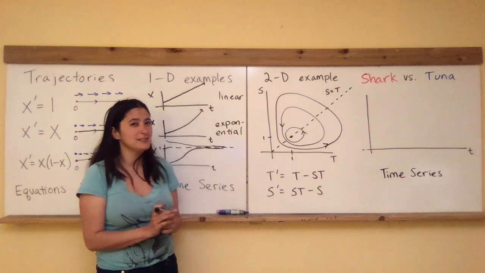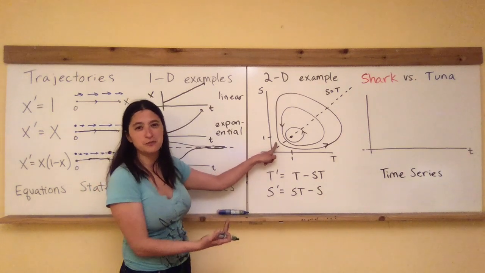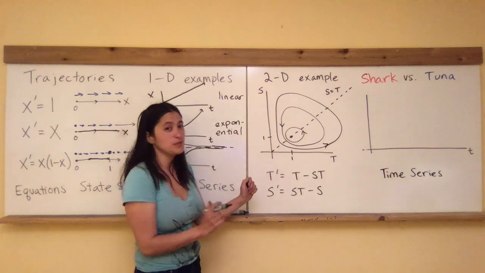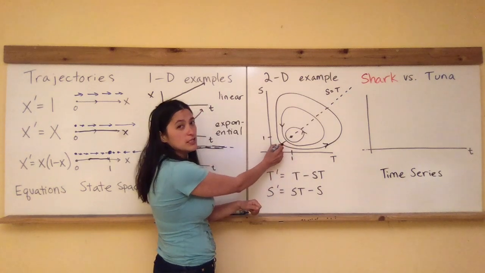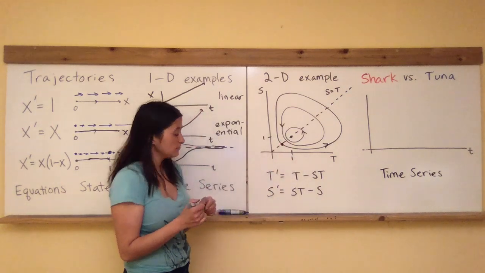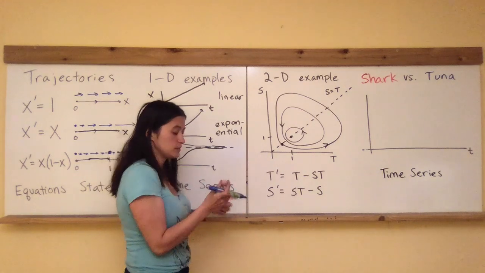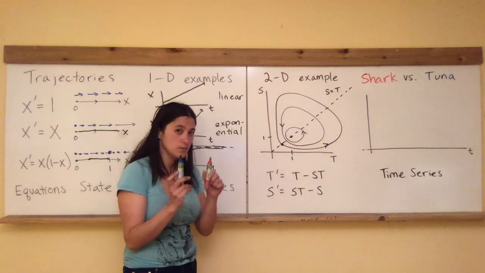That's where I hesitated: maybe I want to take this outer trajectory and turn it into a time series, but where do I start? Well, a nice place to start would be right here, where this trajectory intersects the diagonal line. And what that means for my time series, if I denote that as time equals 0, is that sharks and tuna are starting out at the same amount.